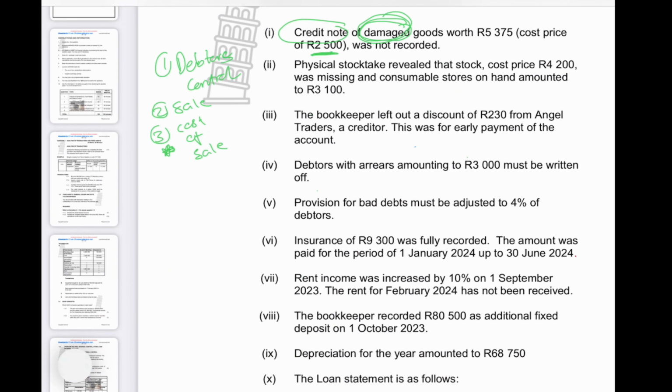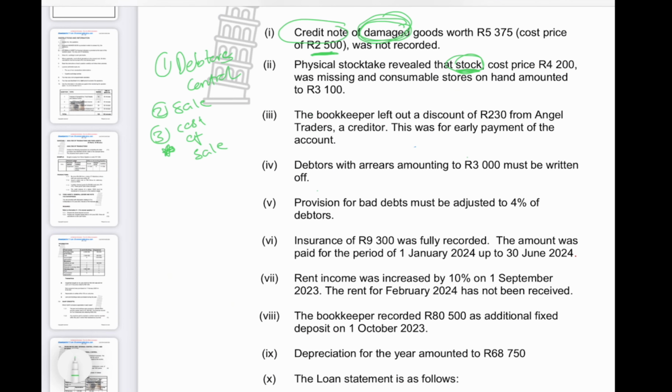We go to the second adjustment, which says physical stock take revealed that stock with the cost price of 4,200 was missing, and consumable stores on hand amounted to 3,100. So now they are talking about two things here: trading stock and consumable stores. Let us first talk about stock.